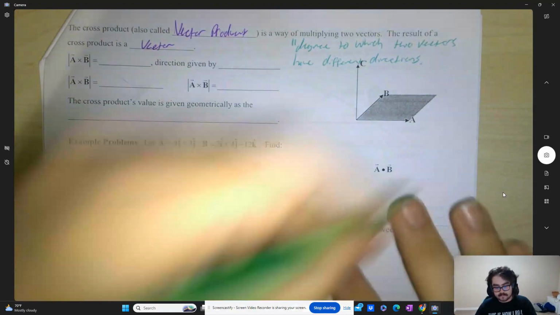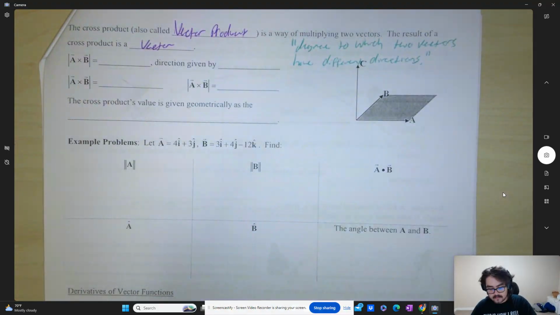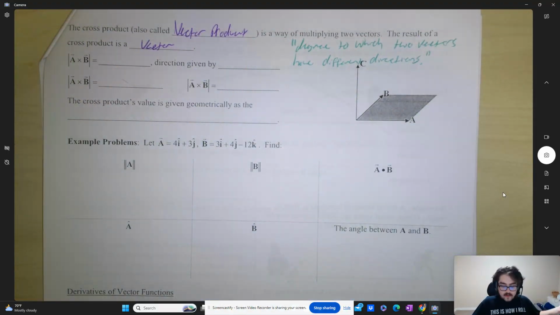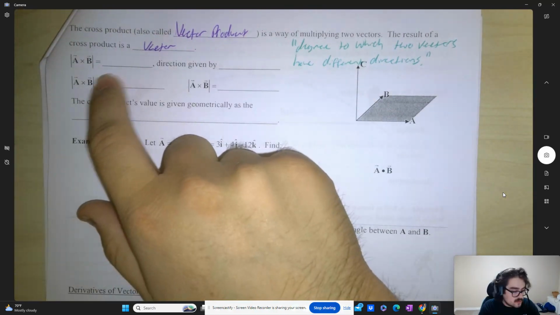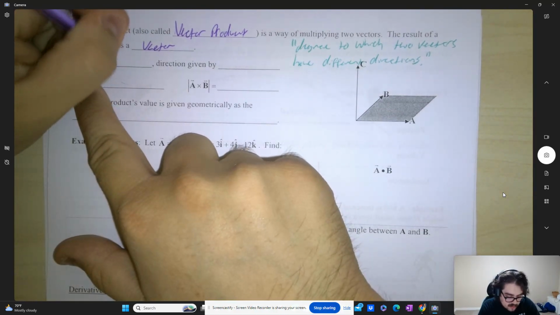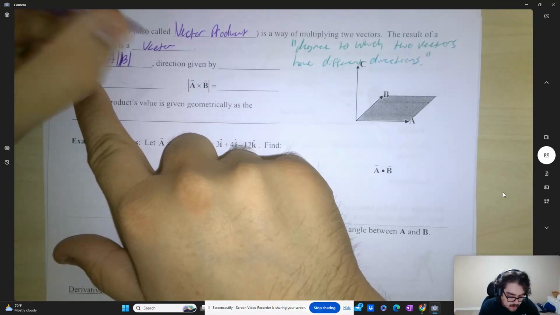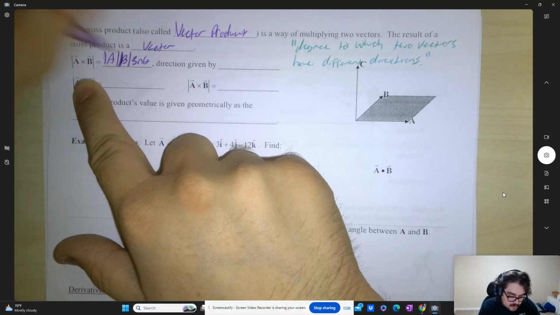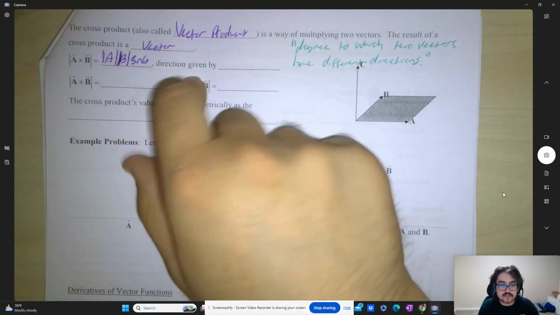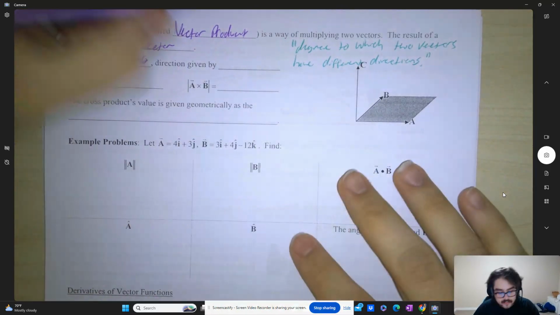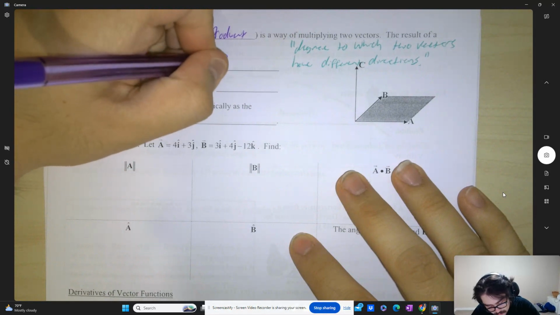Some equations that we can use to calculate it: instead of using cosine, we would use sine. So it would be A B sine theta. This doesn't tell you the direction, but the direction would actually be given to you by the right-hand rule.